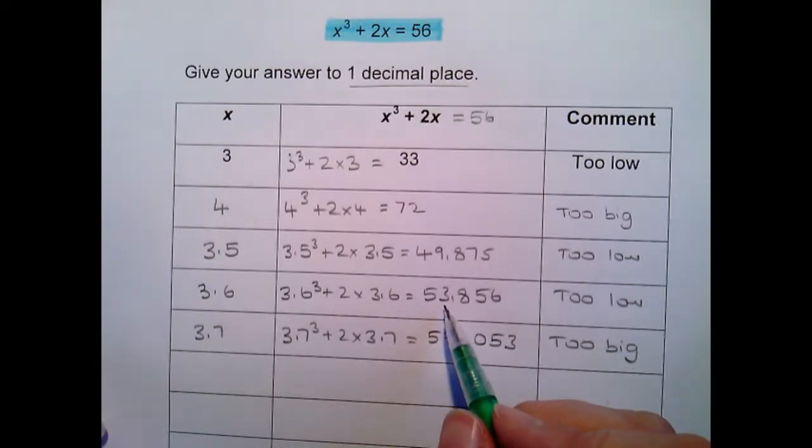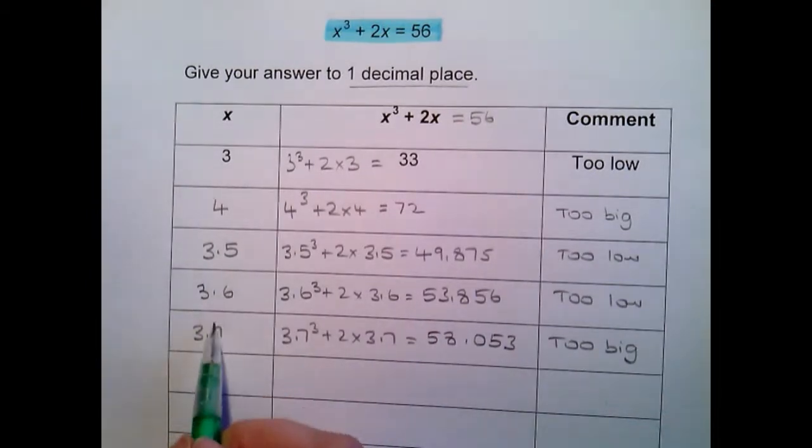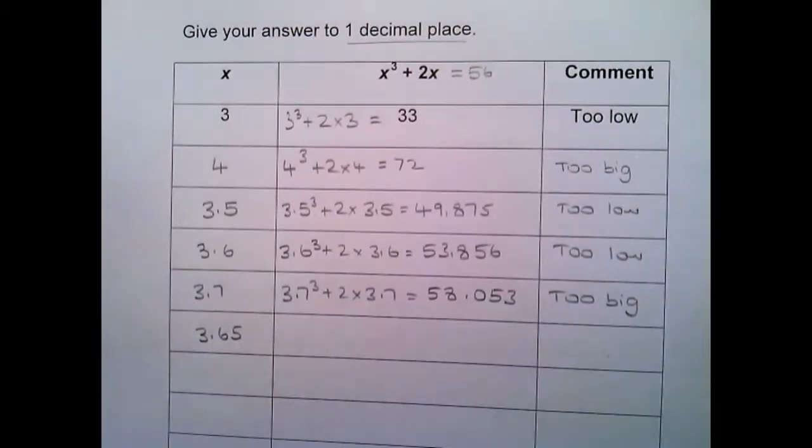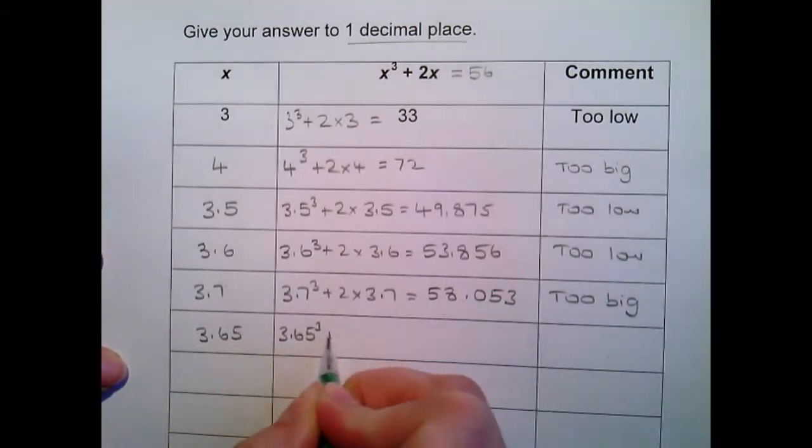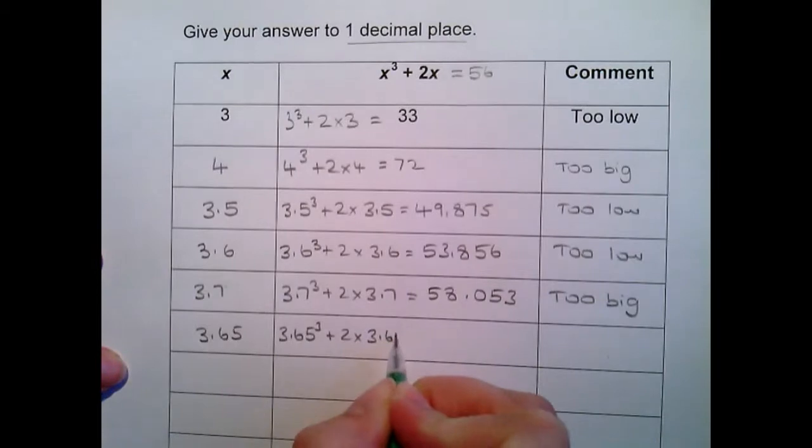So you could just take them away from 56 to see which one is the closest. But what they expect you to do in the exam to decide for definite is go on and try halfway in between those 2 numbers. Even though you're not actually going to pick this for your answer because you only wanted 1 decimal place, they would still expect you to try it to see what happens.